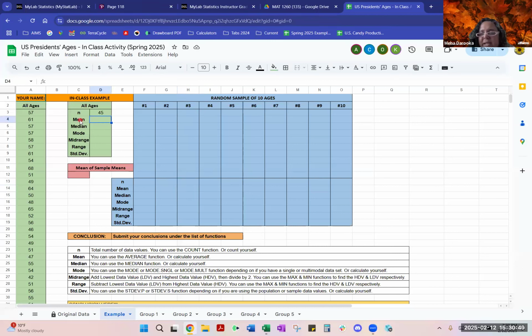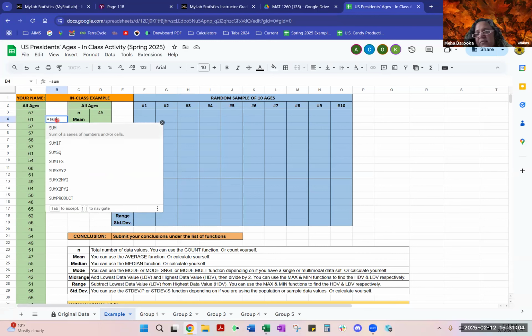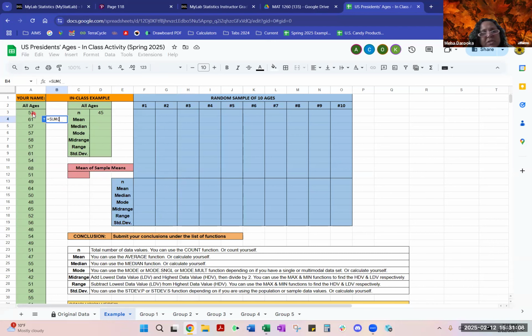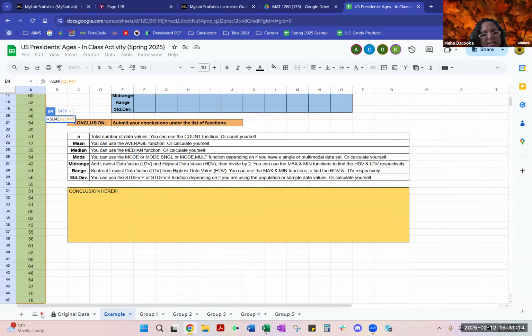Now, how do we calculate the mean? Remember, the mean was where you take the total of all the ages and then divide by how many ages you have, which is 45. So if we had to do that calculation, we could say, okay, I want to add up all the 45 ages of these presidents here, so we can use the sum function. And same thing, I would go ahead and select all of these ages from our table.